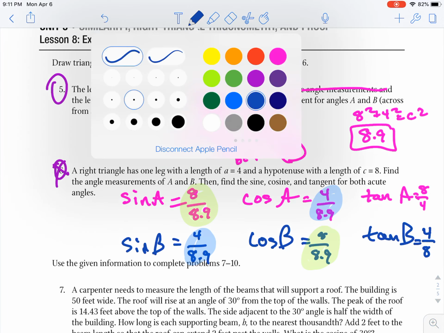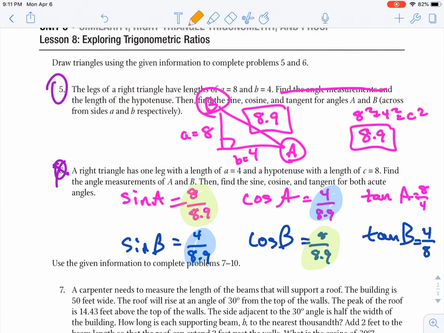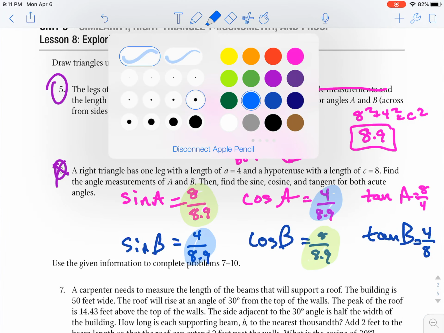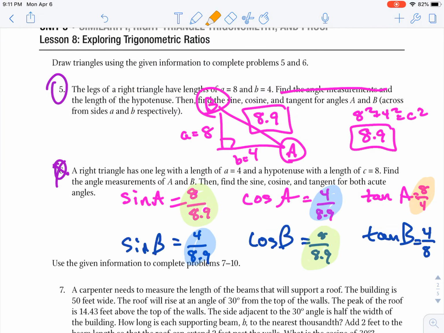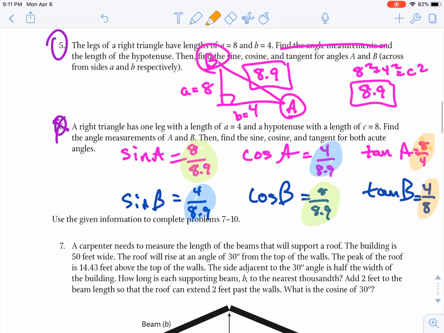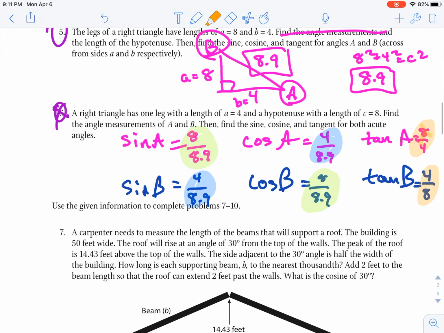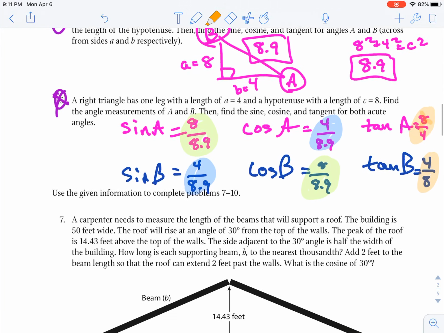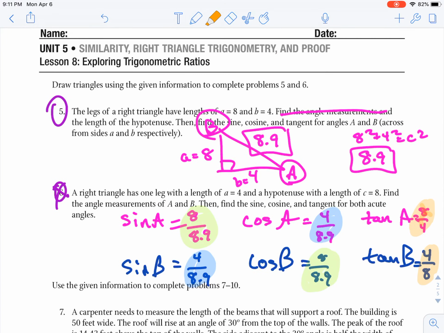And then if you look at these two, opposite over adjacent and adjacent over opposite, those are going to be reciprocals. All right, that's enough for now.